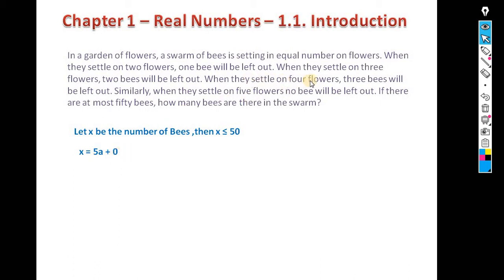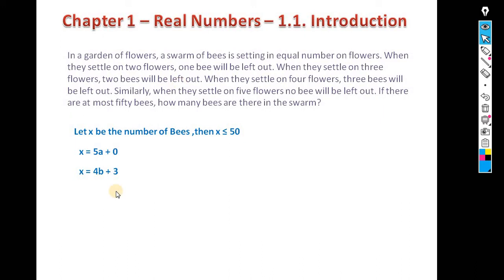That is what they have told. And when they settle on 4 flowers, 3 bees will be left out. So how will my X be? X will be 4 equal groups, 4B, where B is any natural number, plus 3, the remaining bees. And the next one, when they settle on 3 flowers, 2 bees will be left out.